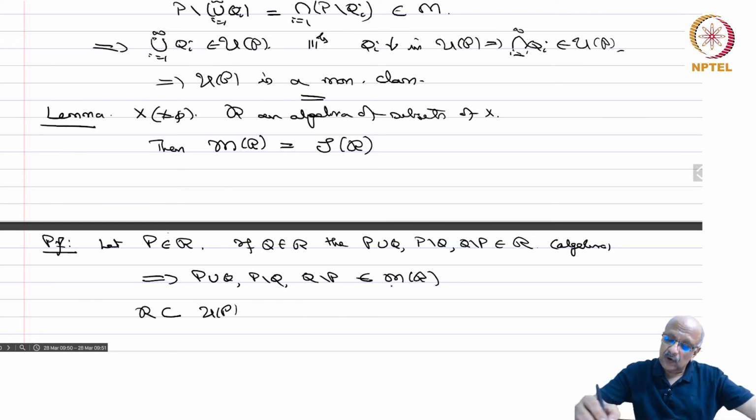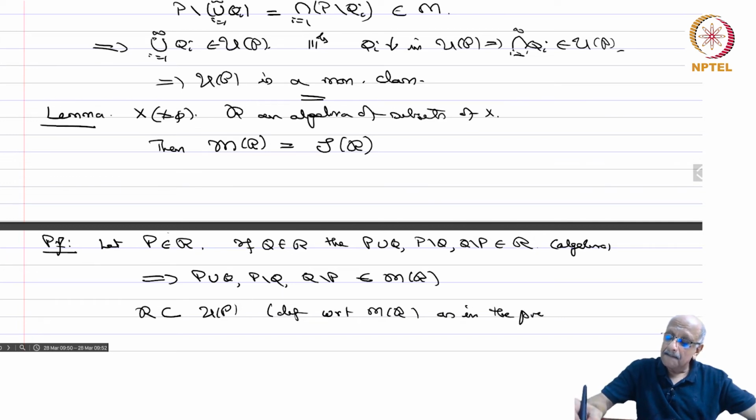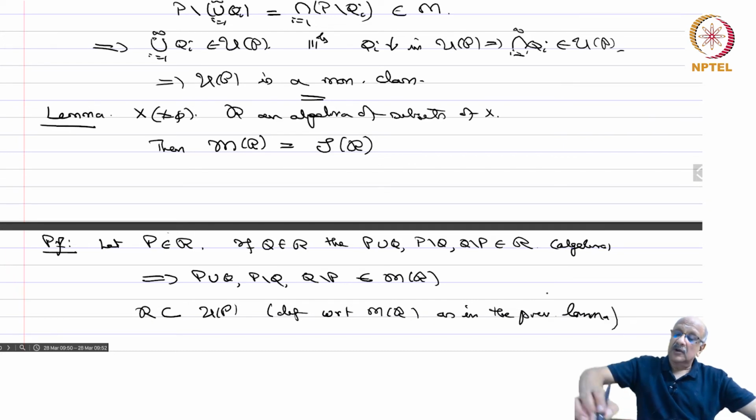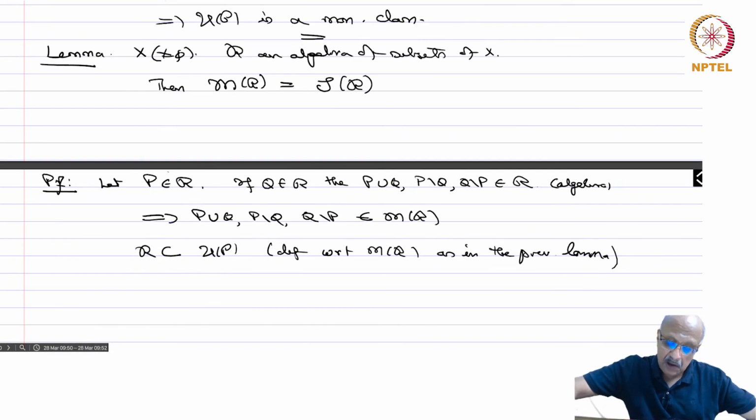And U of P is defined as in the previous lemma, defined with respect to M of R. M of R is a monotone class, so we can define it like this.